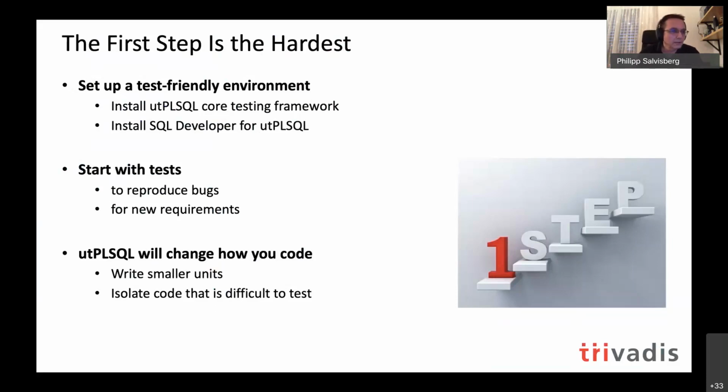Okay. Just to make that clear, utPLSQL is not able to detect timeouts, but deadlocks will come with some error at some point, and therefore it's possible to test against it. But you cannot say run this test for like 30 seconds, and if it doesn't finish, then abort.